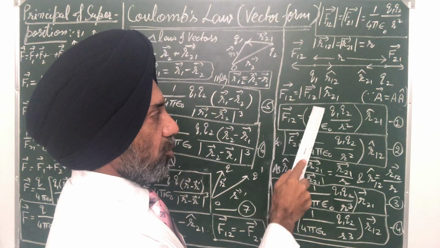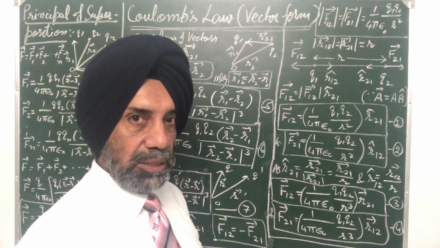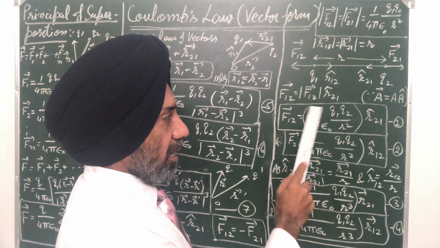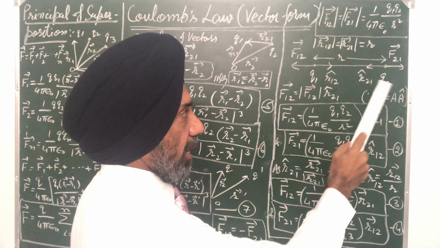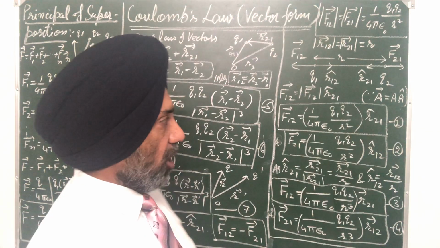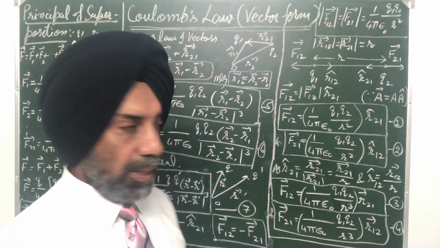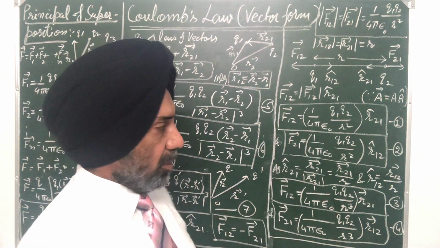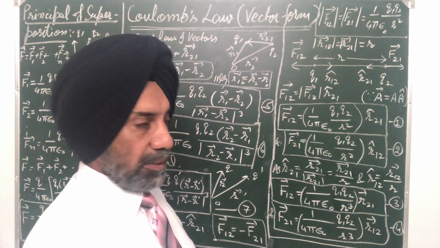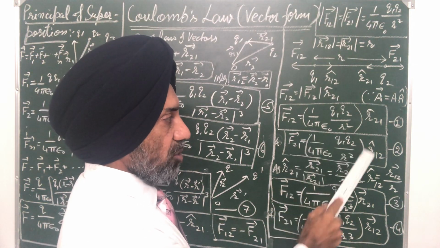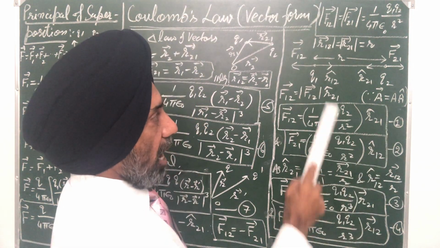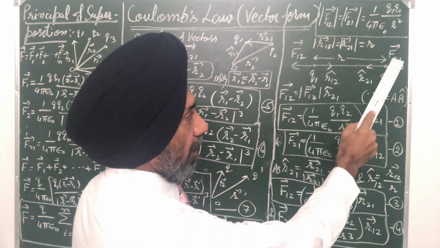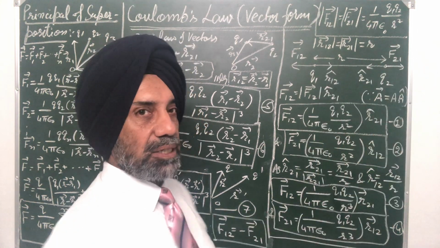So this gives the force experienced by Q1 due to Q2 in vector form and in terms of unit vector. So F12 is equal to 1 upon 4 pi epsilon naught Q1 Q2 upon R square into R21 cap, where R21 cap is the unit vector in the direction of F12. Similarly, we can write F21 as 1 upon 4 pi epsilon naught Q1 Q2 upon R square, the magnitude is the same, into R12 cap, because R12 cap and F21 vector are in the same direction.